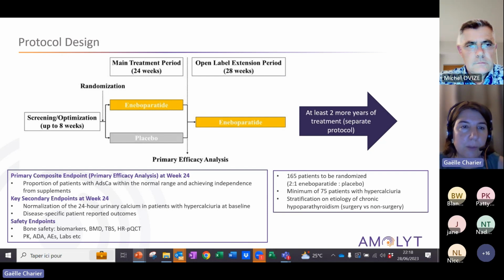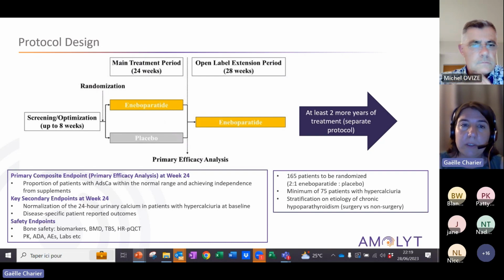So the goal will be to optimize your conventional therapy to achieve this range. Then patients will be randomized. So it means they will be assigned to either the active drug eneboparatide or placebo. And there will be 2 chances out of 3 to get the active drug and 1 chance out of 3 to get placebo. That's what we call double blind phase or main treatment period.